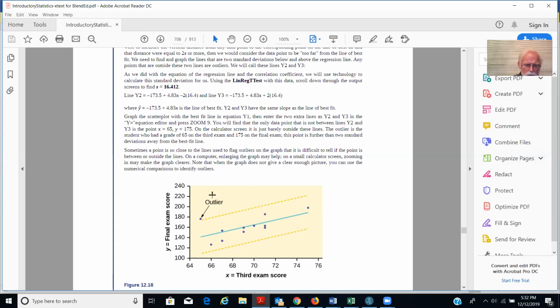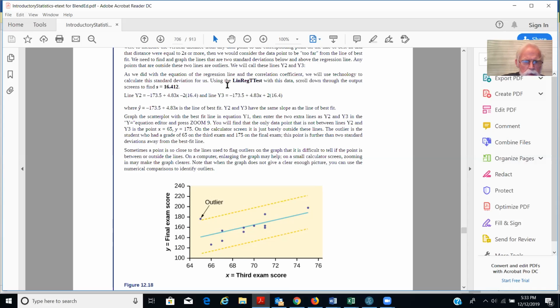So we do have outliers that will appear. What we can do is draw some parallel lines away from the actual least squares line that we calculate. They have to have the same slope, which is by definition, since they're parallel.